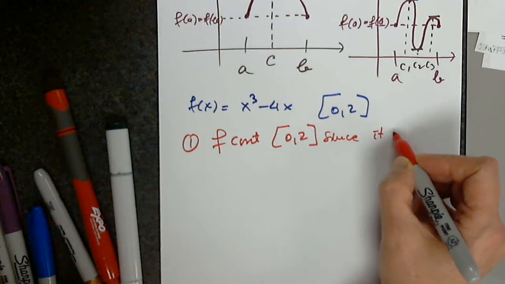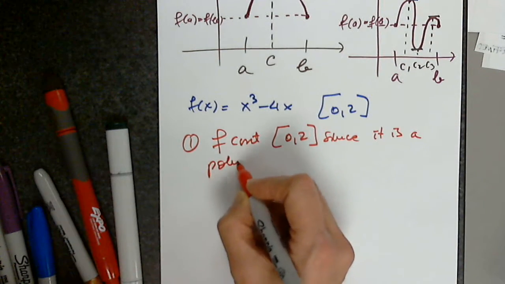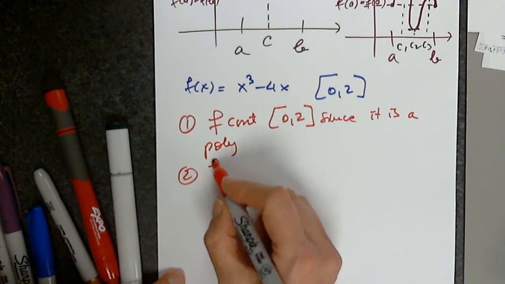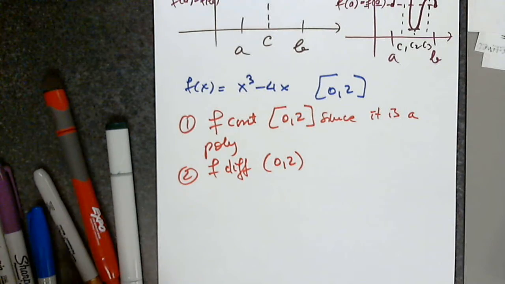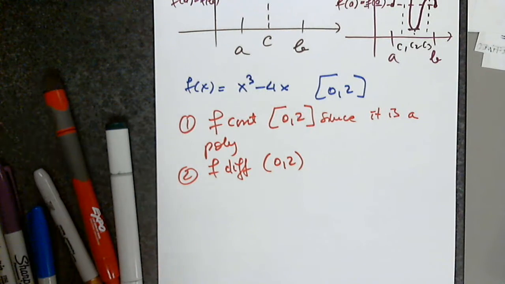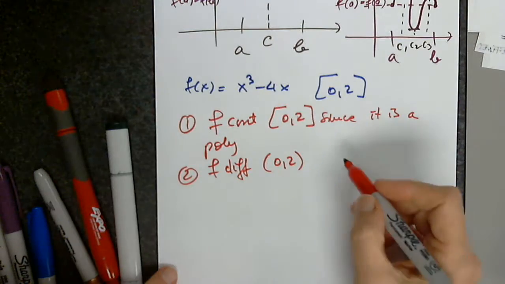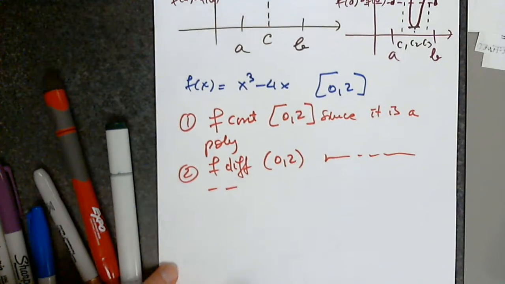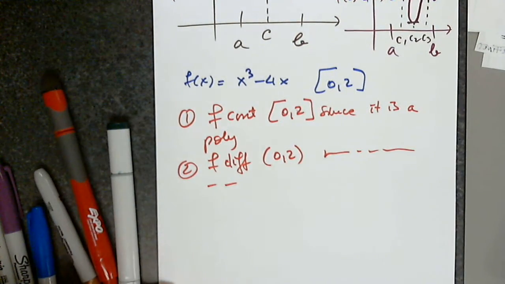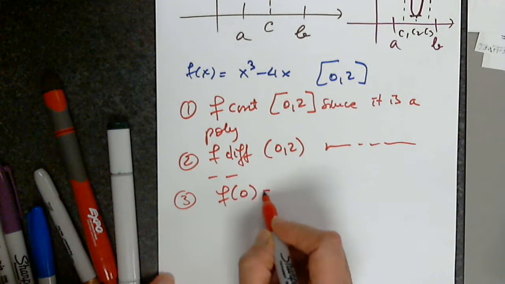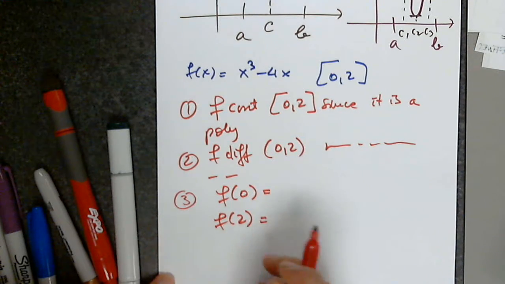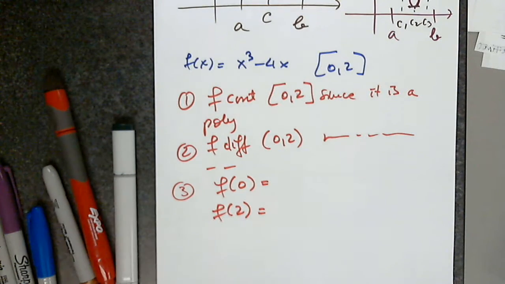Number 2, is f differentiable on 0, 2? True or false? Yes, for the same reason. It's a polynomial function, so it's differentiable everywhere. Number 3, I have to show that f of 0 and f of 2 are the same value. If I cannot show that, I will have to say Rolle's theorem does not apply here.